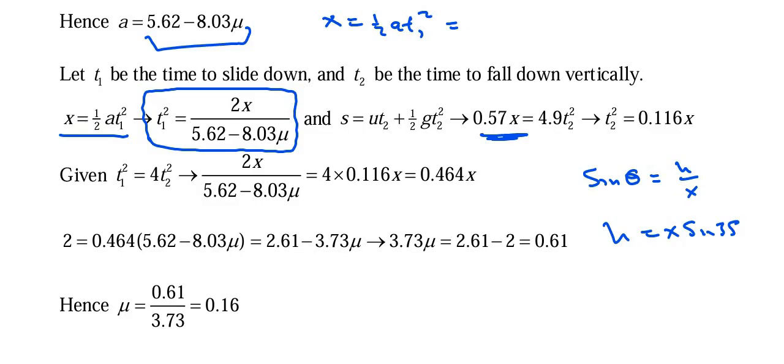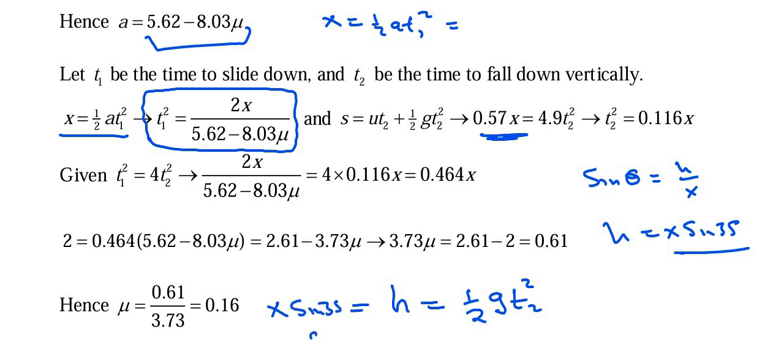So the distance for it to fall in the vertical, h, is going to be, because the initial velocity is 0, we're just going to have this. Then it's falling down, so acceleration is g, the time is t2 squared. This is what we are going to create, and where there's h, we are putting x sine 35. This is where the 0.57 x is coming from.